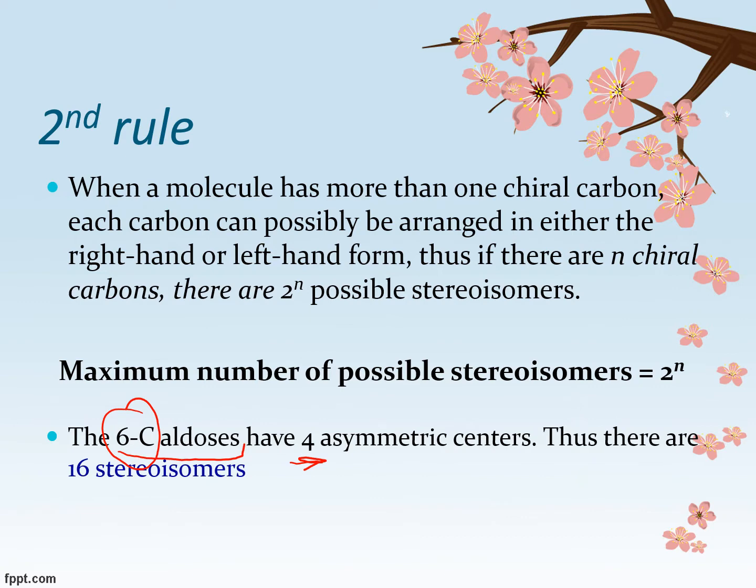That's why it has 4 asymmetric centers. Therefore, 2 power of 4 will give you 16 possible stereoisomers. So half of the 16, 8, is the L form, another 8 is the D form.